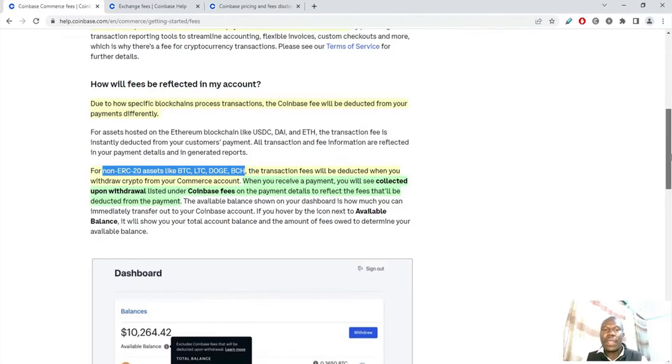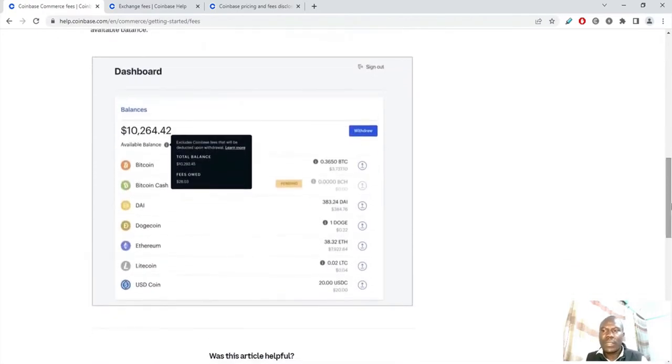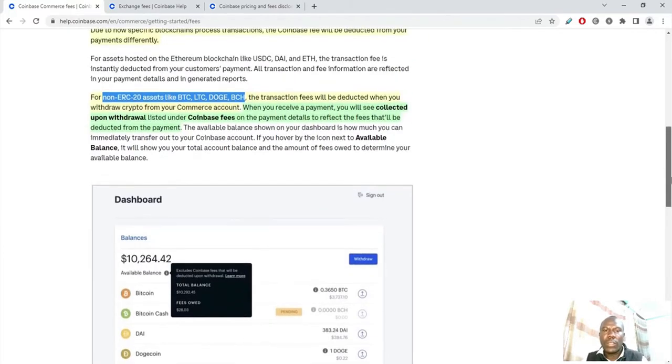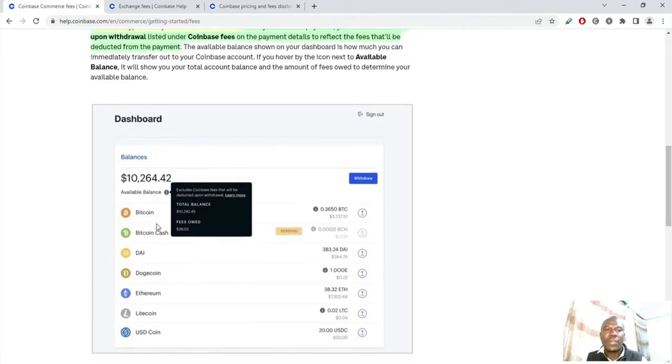As you can see in the diagram here, this is a screenshot of your Coinbase Commerce account. The balance here is 10,264.42, excluding the Coinbase fees that will be deducted upon withdrawal. These are the coins like Bitcoin, Bitcoin Cash, DAI, Dogecoin, Ethereum, Litecoin, and USD Coin.